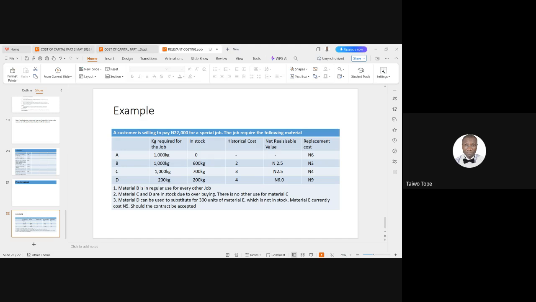So for material D, material C and D are in stock due to overbuying.